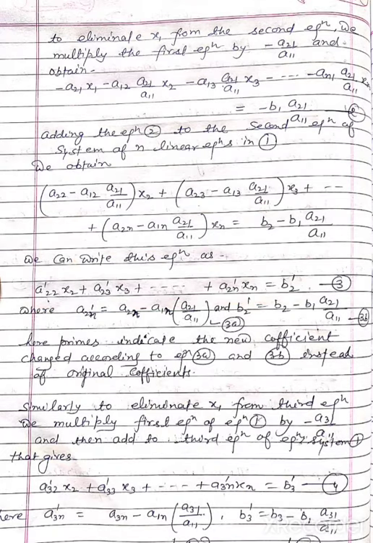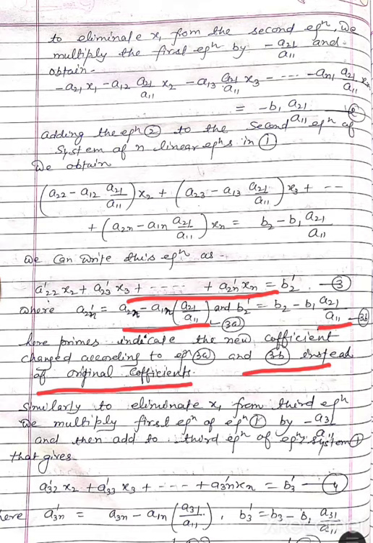So here we can write this equation in this form. Here primes indicate that the new coefficient denoted by prime is changed according to equations 3a and 3b, changed by once instead of the original coefficient.